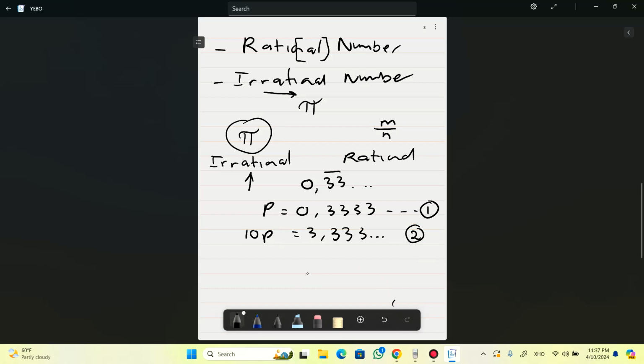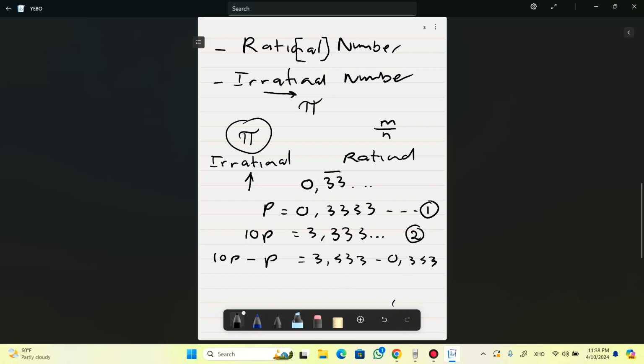Okay, so again, what if I subtract these two? I can say 10p minus p will give me 3,33333 minus 0,33333, which does not end.